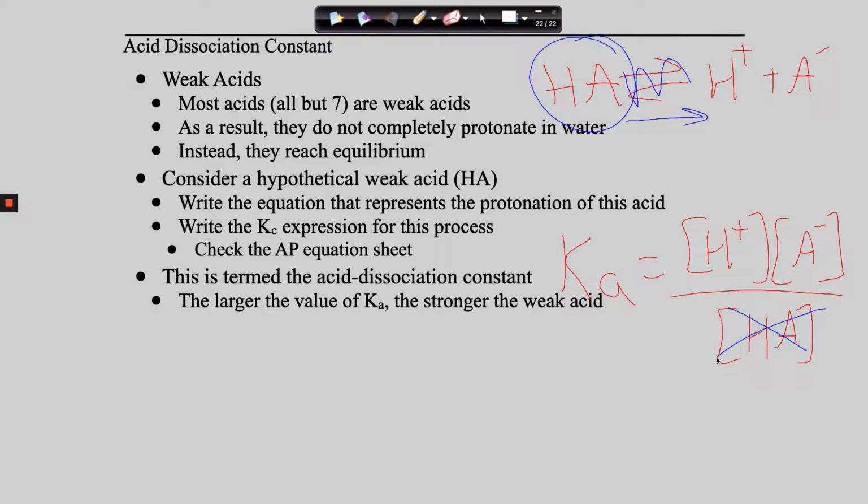And if you divide by 0, which we know actually isn't a thing we do, do you know in math what we say the value is if you divide by 0? It's undefined. So what is the Ka value for a strong acid? Undefined. That's actually, if you were to look it up, and some tables include it, the way they denote strong acids is undefined Ka values. It's a great observation.